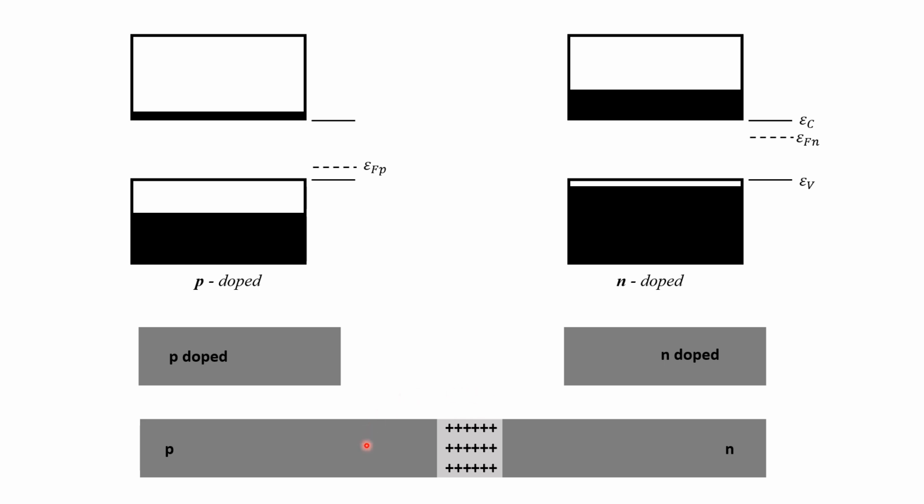But the main difference between the p-n junction and the system we analyzed in lecture 9 is that now we also have holes. Holes will diffuse from the p side to the n side because there's a high concentration of holes in the p side and a low concentration of holes in the n side. So holes diffuse from the region with lower chemical potential to the region of higher chemical potential.